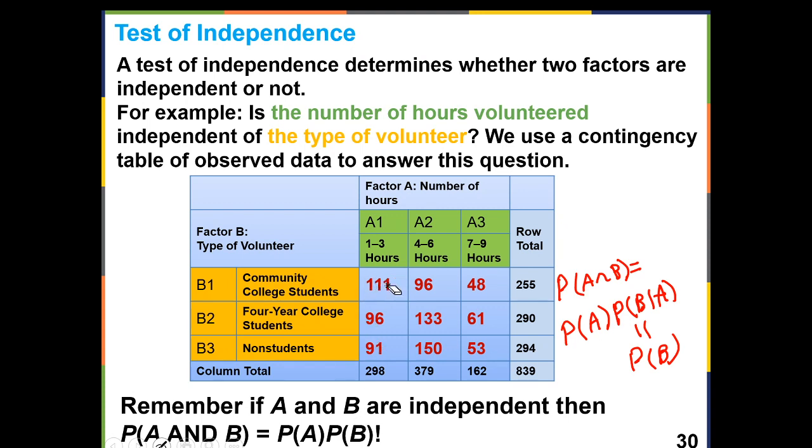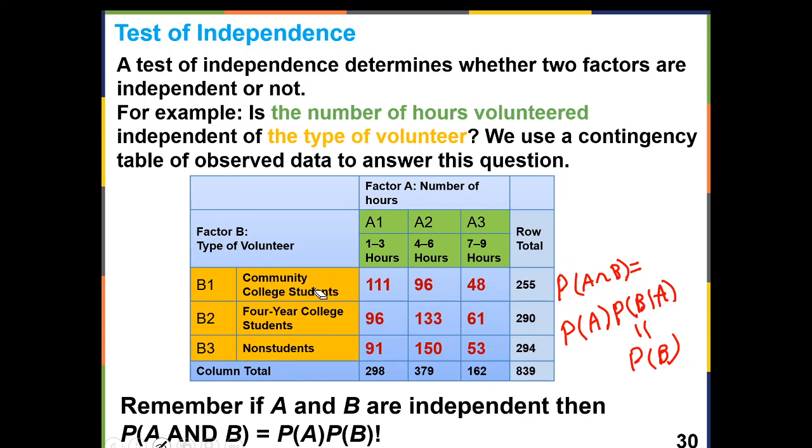So for example, here in this cell, what's the probability of A1 and B1? That means, what's the probability that somebody volunteered for 1 to 3 hours and came from a community college?